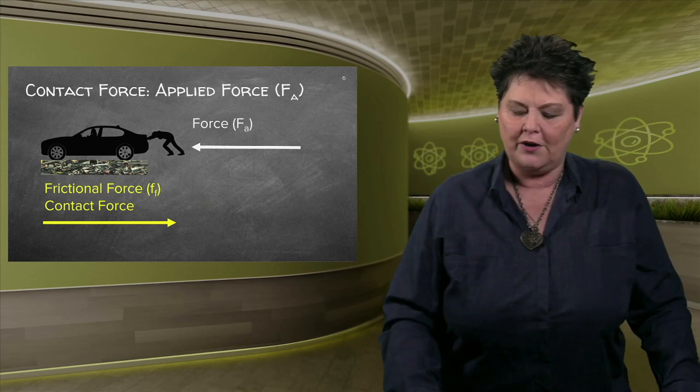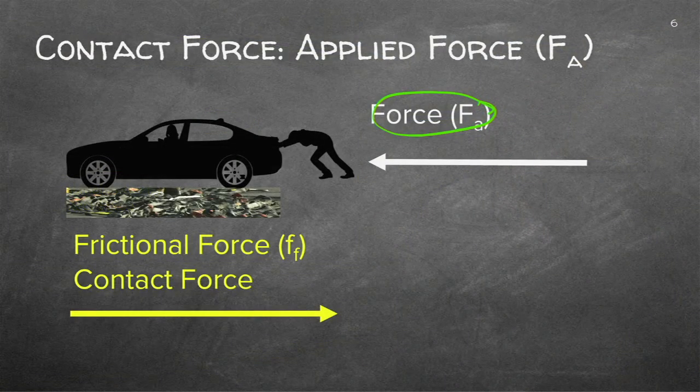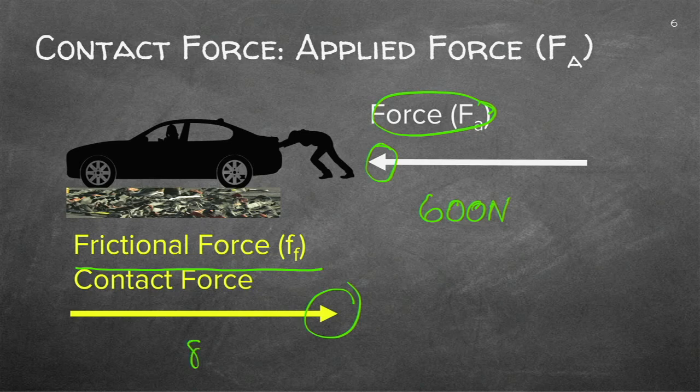Right, let's carry on. I've got the applied force. This guy's pushing this car. And I've got the frictional force, which is working towards there. Do you see, if this is, let's say, 800 Newton, and this is 600 Newton, can you see it moving? Certainly not, because that's not big enough.